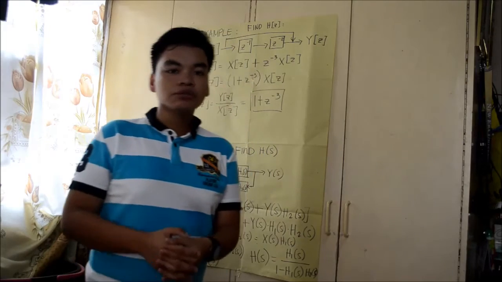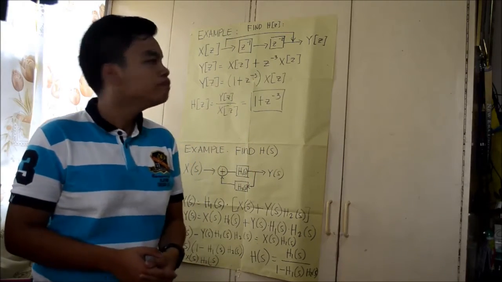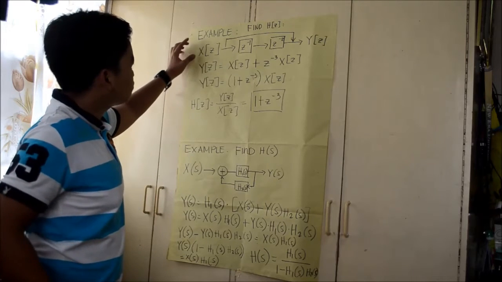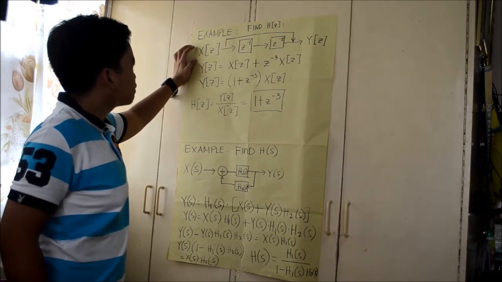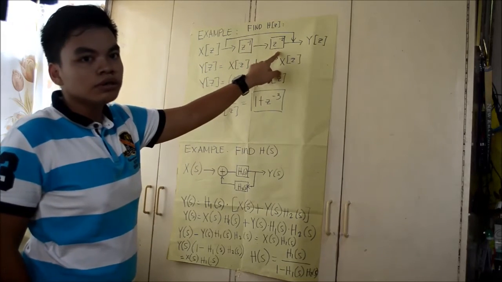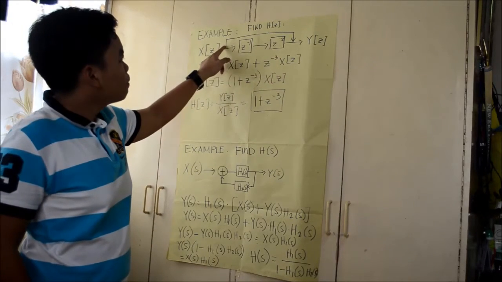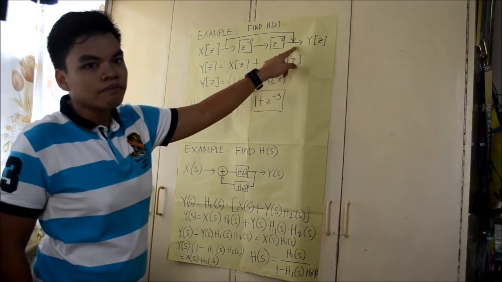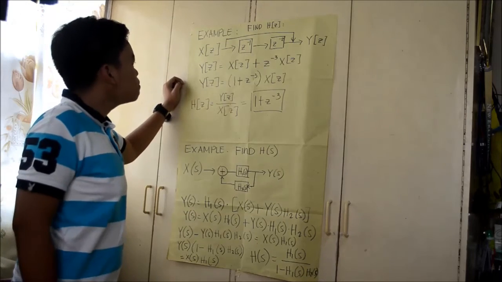We have examples for transfer function. Find H(z). We have here the block diagram for that. H(z) will enter these two systems and will go directly to Y(z). Here is our solution.